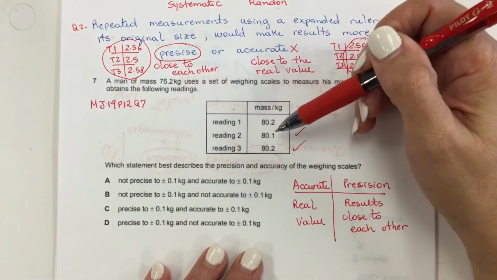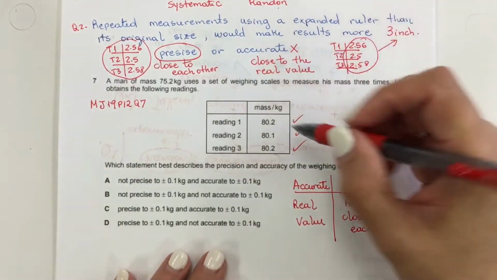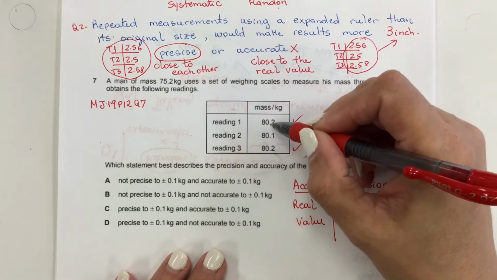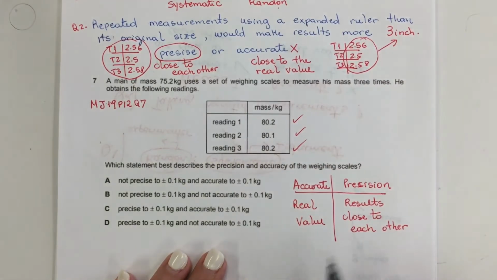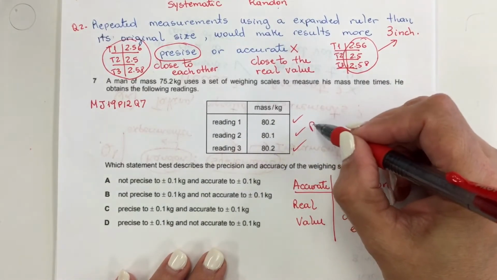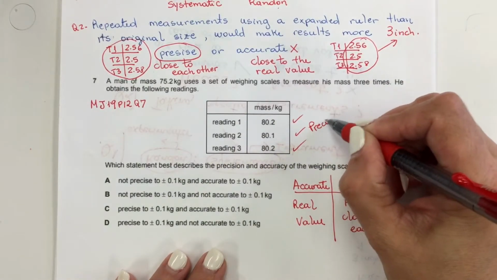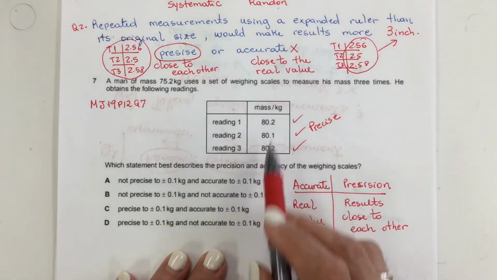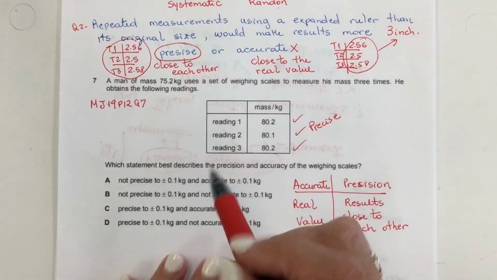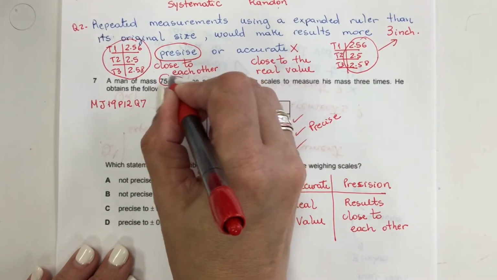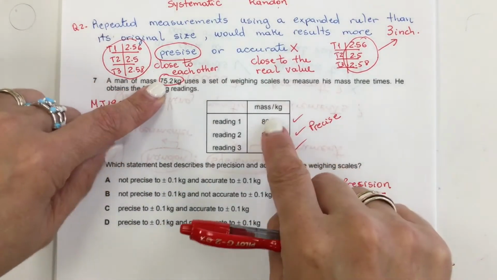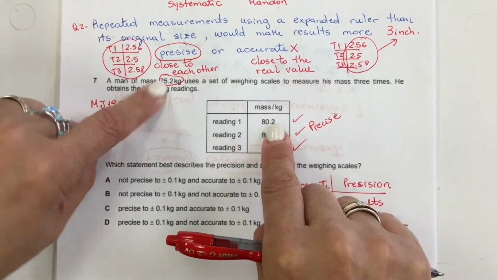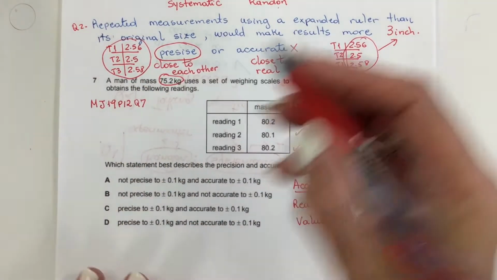Now, when we look at this table, we can conclude that all these trials are close to each other. So we can say that it's precise. They are close to each other. However, the real value is 75.2, so it's not close to this. So it's not accurate.